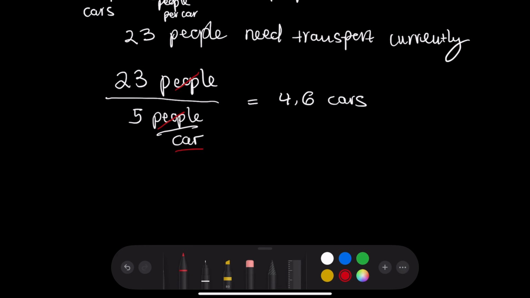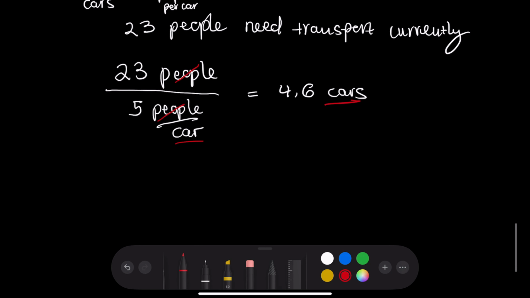So obviously in reality, I can't have 4,6 cars, right? Then I have to round off this figure. I know that I need more than 4 cars to accommodate all of these people. So even though when I think about rounding off, I would want to round off to the smallest value, I would actually need to round off to a much bigger value.